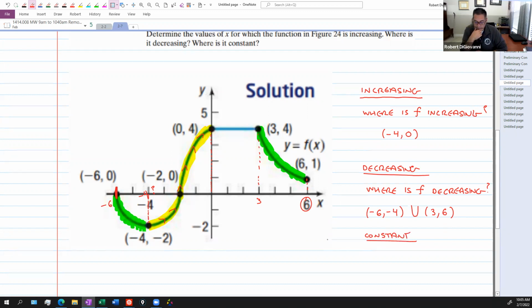So where is it constant? Let's go with trying to pick people I didn't pick last time. So let's go Henry. I didn't see Henry here today. Usually Henry's here with his phone on, or with his camera on. Okay, that's fine. Alyssa.